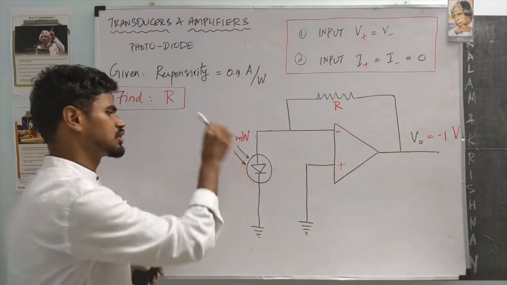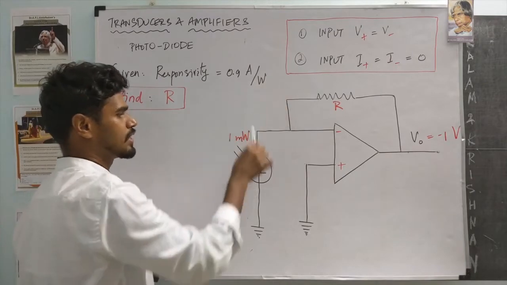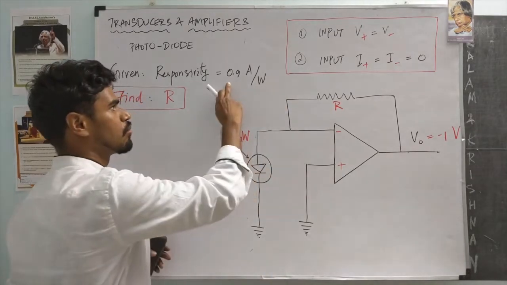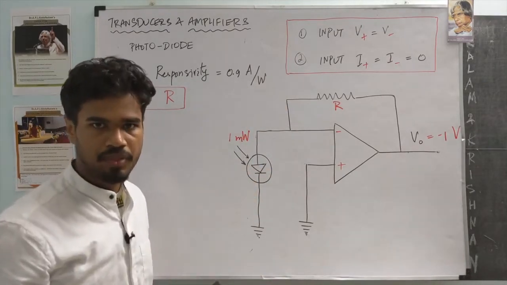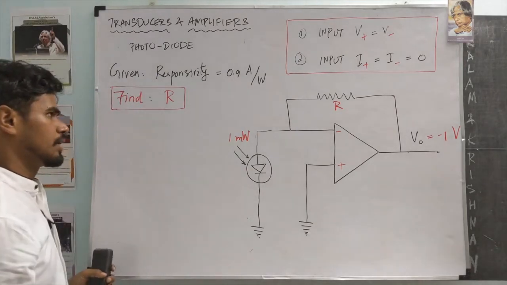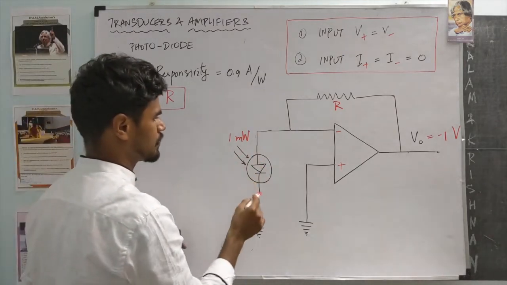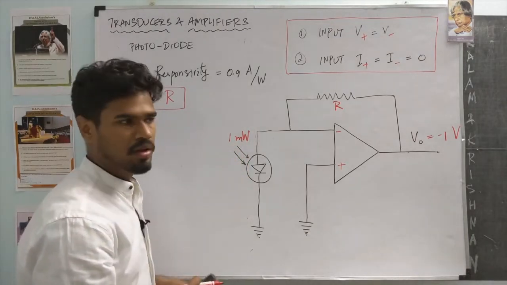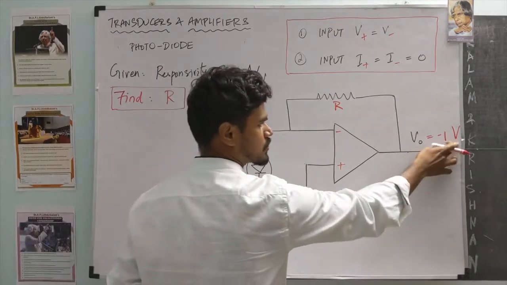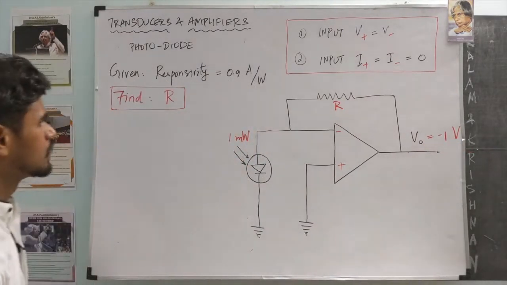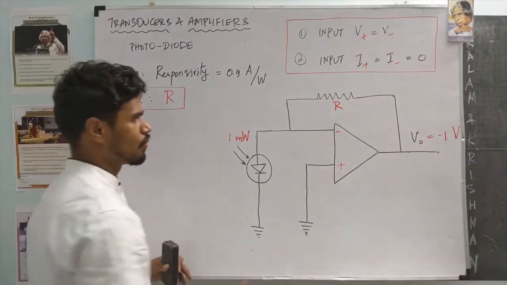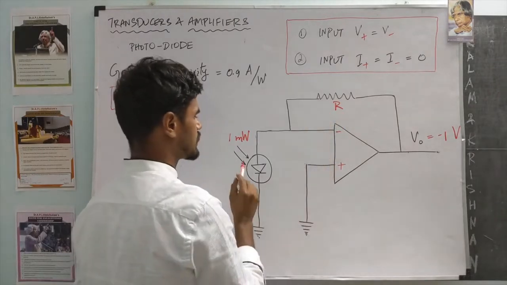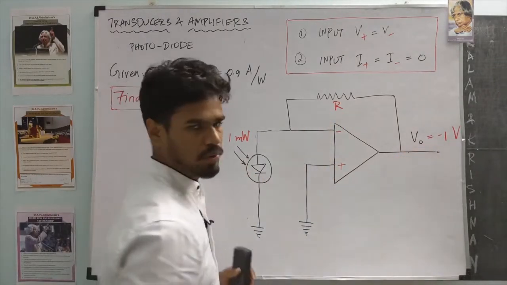That is, if I were to shine 1 watt of light into this diode, it's going to generate 0.9 amperes of current. That's the characteristic of this diode. On that diode, we shine a light of 1 milliwatt. We get an output voltage of minus 1 volt. The question is, what is the resistance that would result in such an output voltage of minus 1?